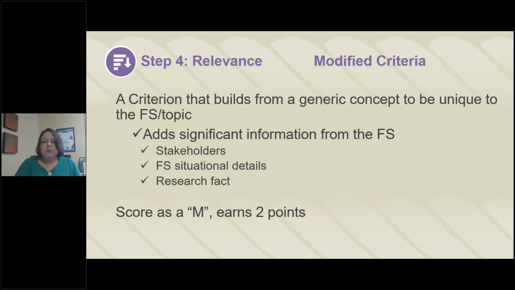It might have to do with future scene situational details, and it's also possible that they bring something to their criteria from the research they've conducted, key players or issues that have been highlighted in research as being pertinent to that topic.